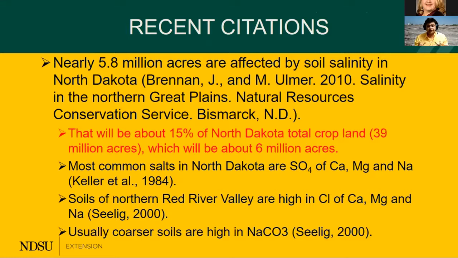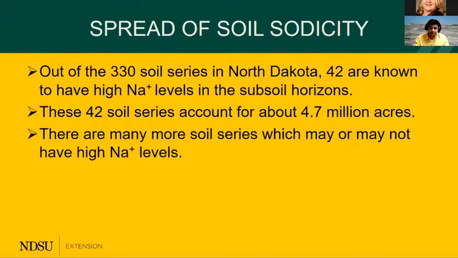Most of the common salts in North Dakota are sulfate-based salts, and soils of the northern Red River Valley, which will include the Minnesota part, have mostly chloride-based salts. We don't have a lot of coarse soils, especially in the valley, but we do have pockets where there are sandier or slightly more coarse-textured soils. They tend to have higher levels of sodium carbonate salts.